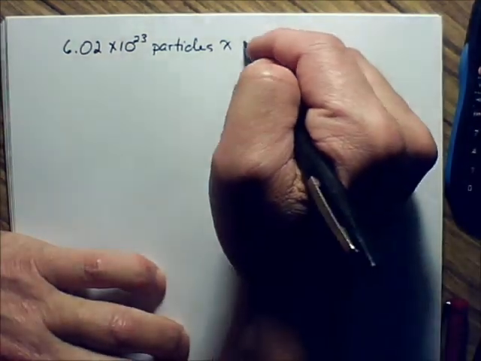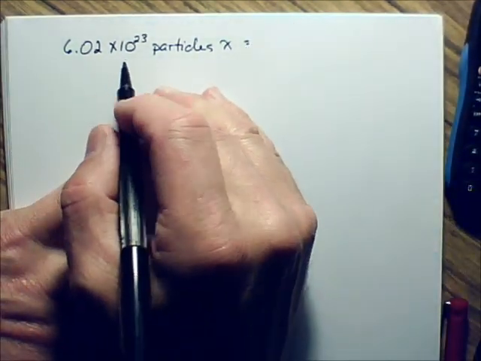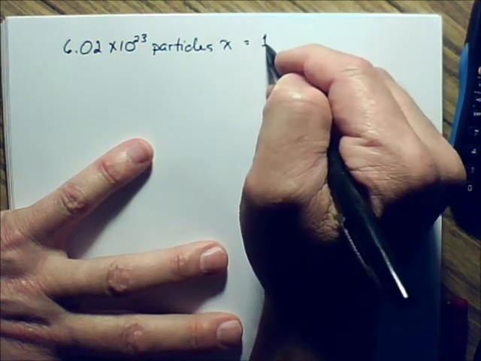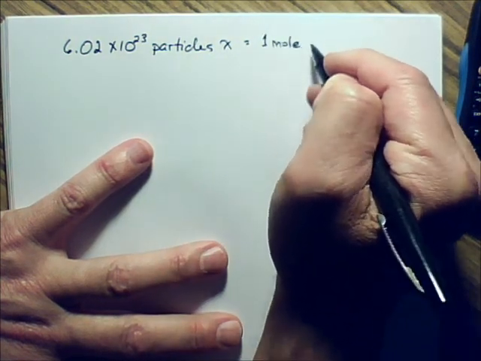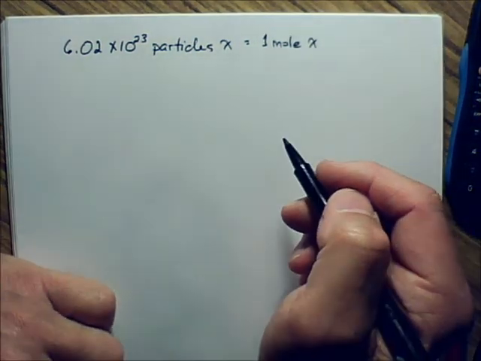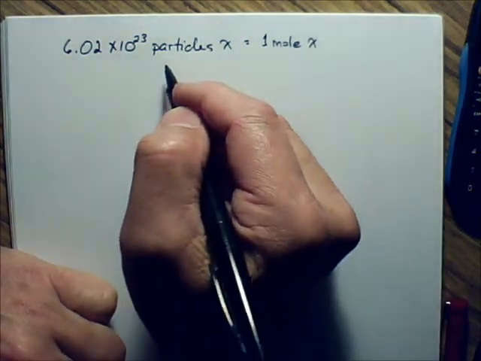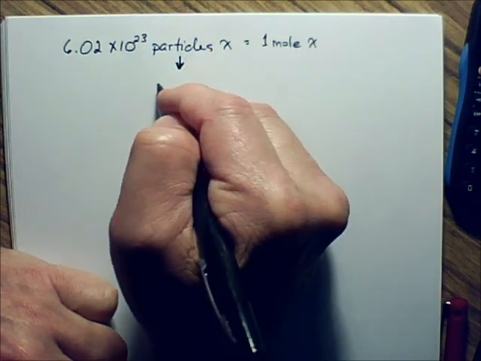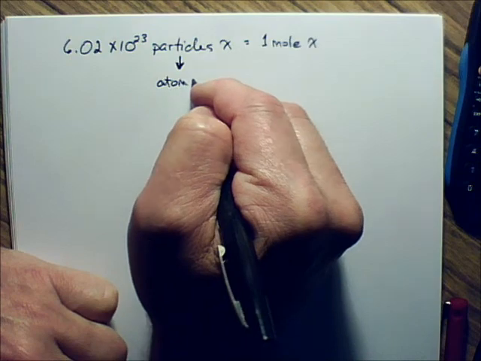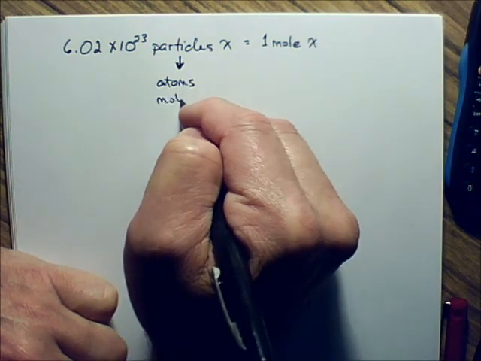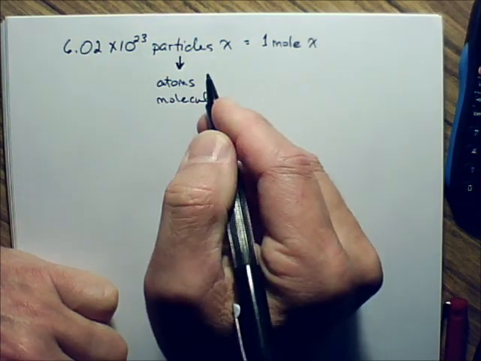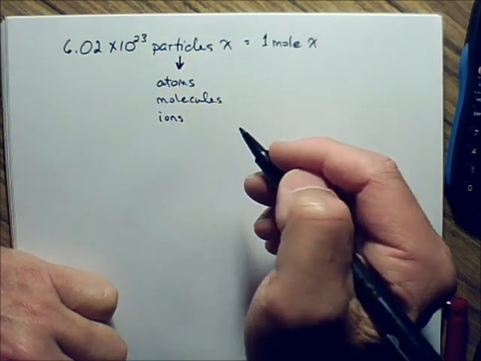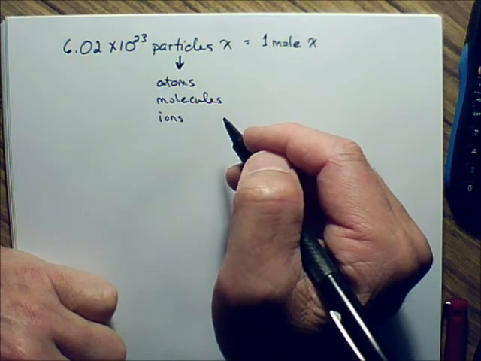Okay. All right. 6.02 times 10 to the 23rd particles of X equals 1 mole of that same species, in this case X. And particles can be just about anything. It can be atoms. It can be molecules. It can be ions. That's up to you. I'm just kind of reviewing right now.